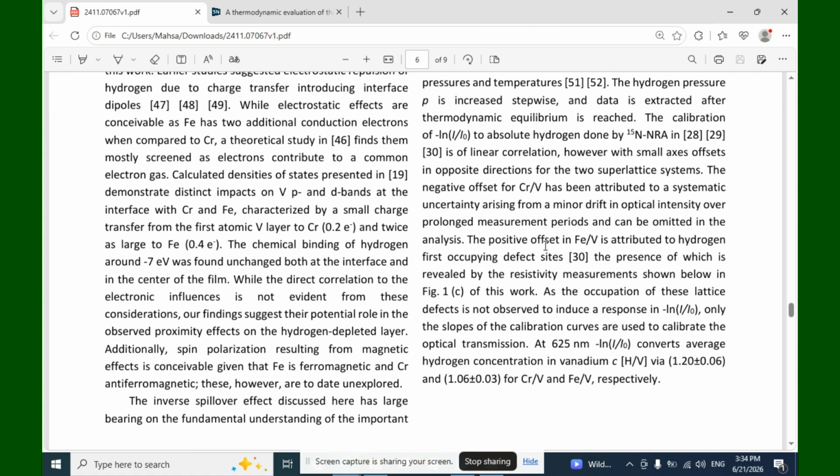The positive offset in the iron-vanadium system is attributed to hydrogen first occupying defect sites, the presence of which is revealed by the resistivity measurements shown below in Figure 1C of this work.